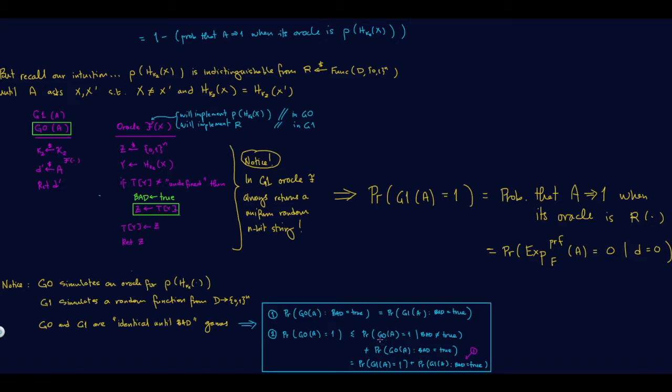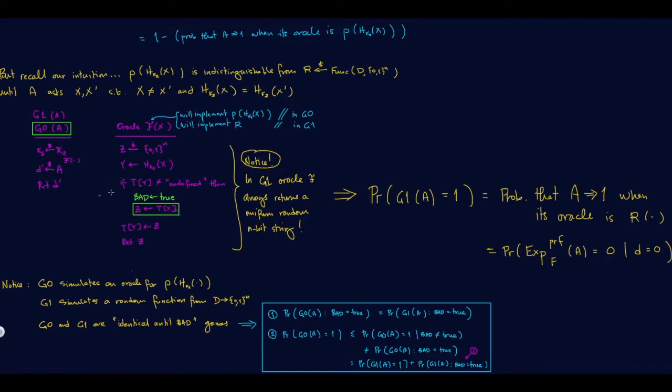Moreover, if I think about the probability that A causes G0 to output 1 when bad is not equal to true, because G0 and G1 are identical until bad is set to true, then consider the chance that A outputs 1 in G0, given that this never happens. Bad never being set to true means this never happens. Well, if this never happens, then what do we have?